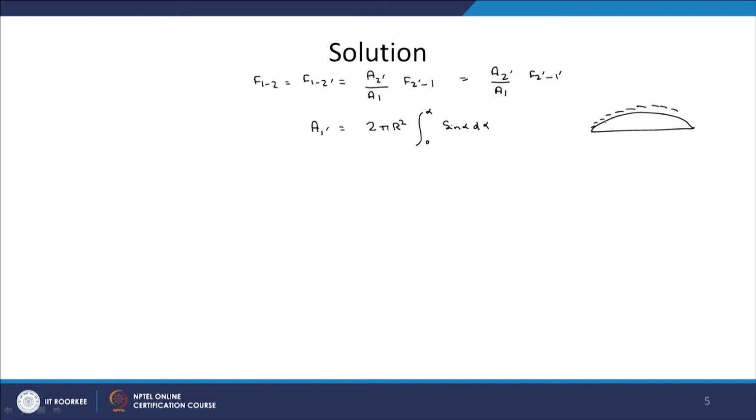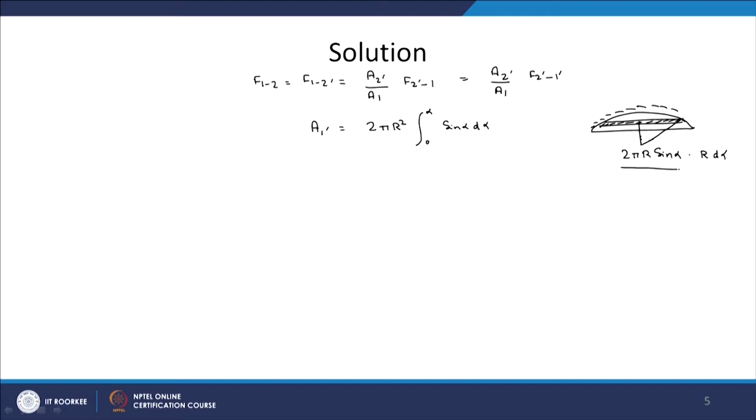We take an annulus. The surface area of this annulus is 2 pi r sin alpha, and then this distance, which is basically r times d alpha.